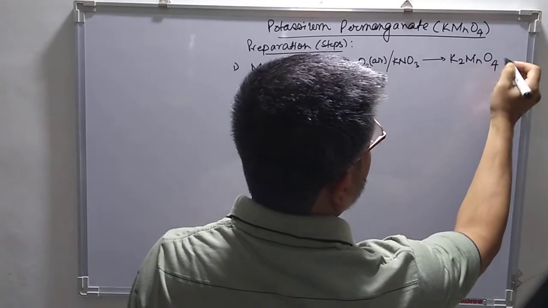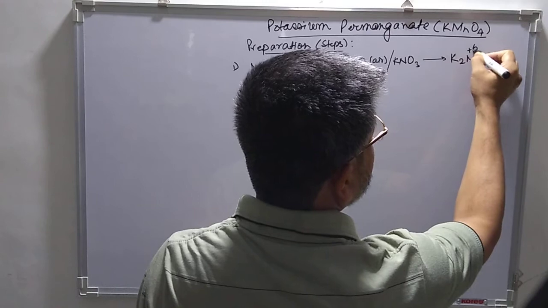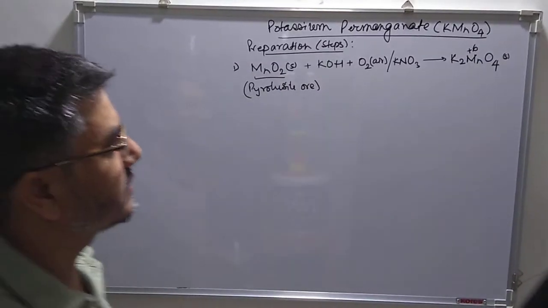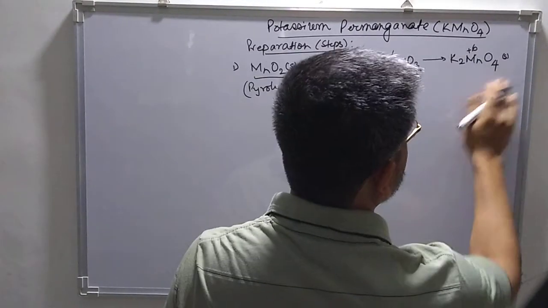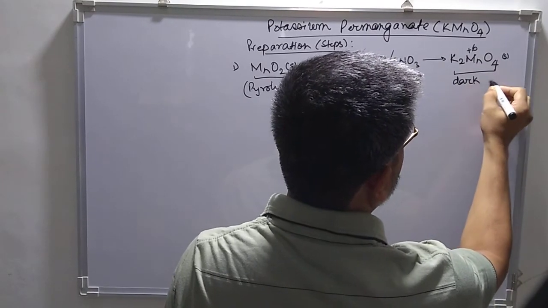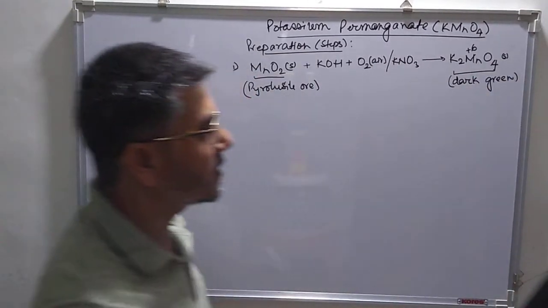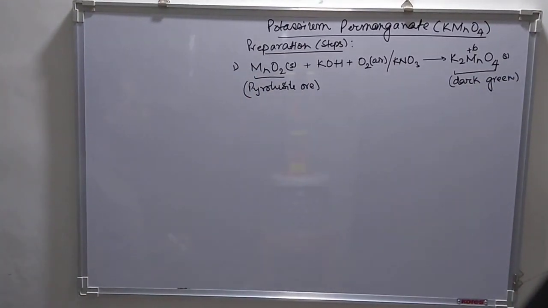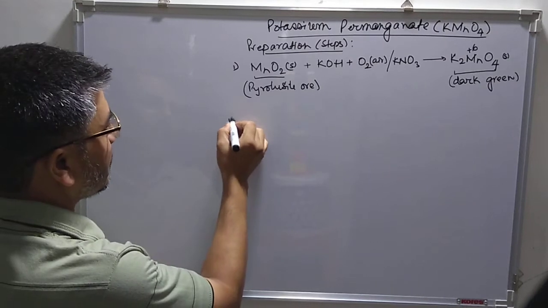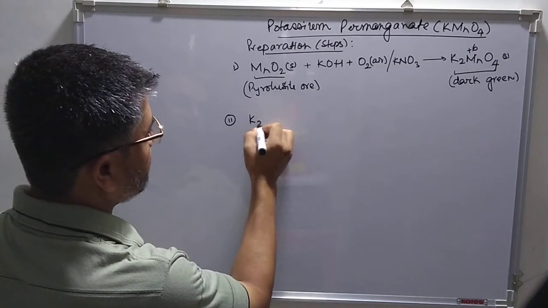This K2MnO4 is solid, with Mn in +6 oxidation state. This gives you a dark green color.